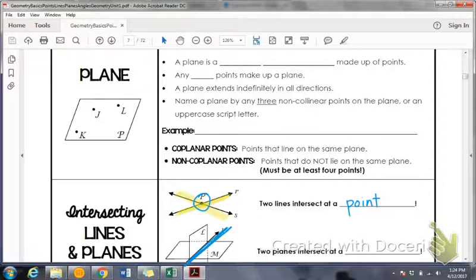So if I had these two pieces of paper and I wanted to slide this paper all the way through, like if I cut a slit here, right, and I slid a piece of paper all the way through, they would be touching at a line here. You guys see that? Okay, so two planes intersect at a line. So that's going to be your word there. Two planes intersect at a line. Well, you can't really see it, sorry. I wrote line there.